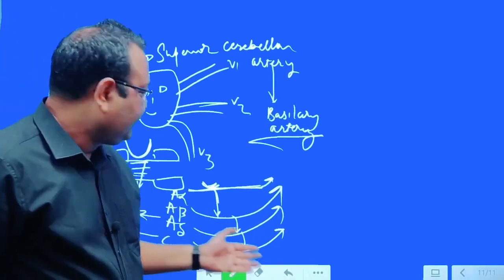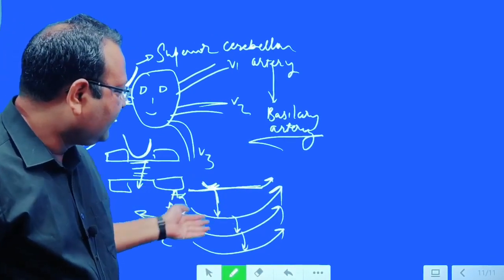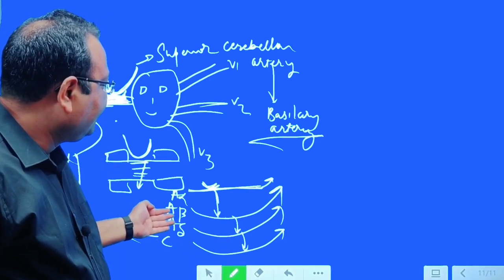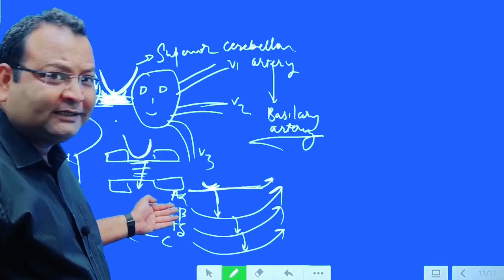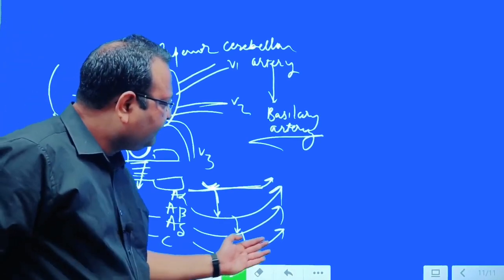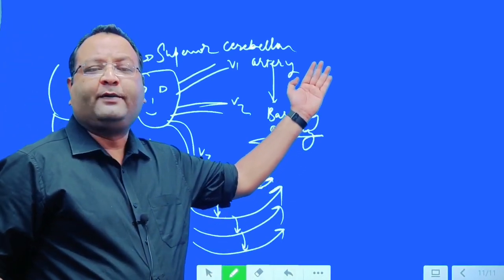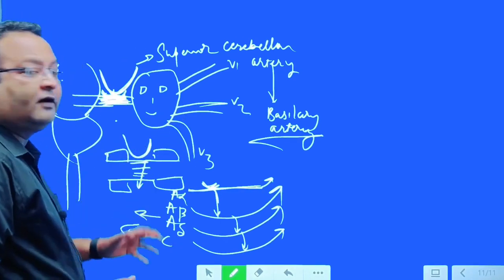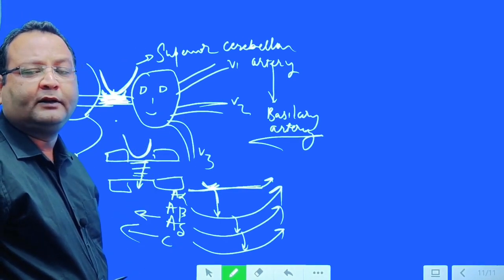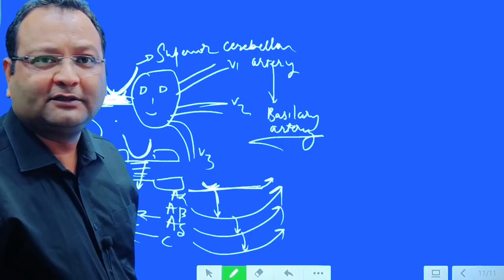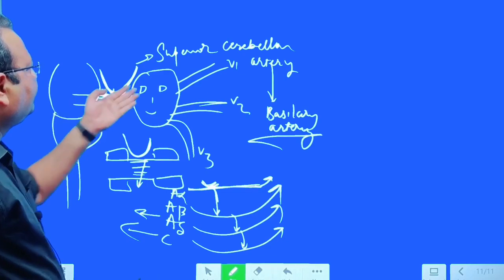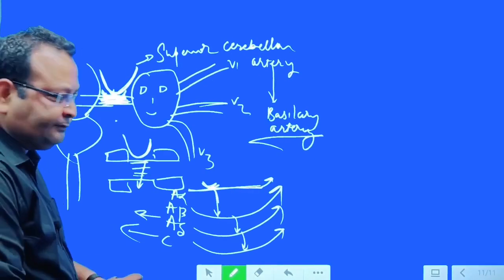Similarly, if the currents short circuit and involve the A delta and C fibers, the stimulus is for fine touch, but they will carry it on the pain fiber and it is expressed as pain. So this was the mechanism of how the pathology develops, and what happens when there is constant irritation of the sensory root by the anomalous vessel.